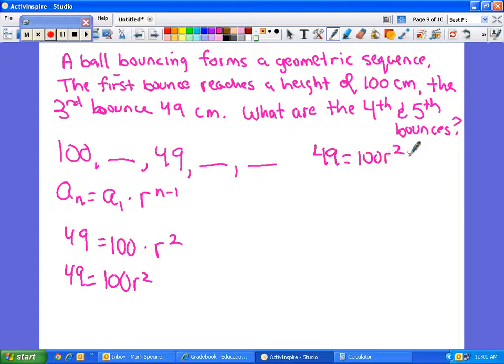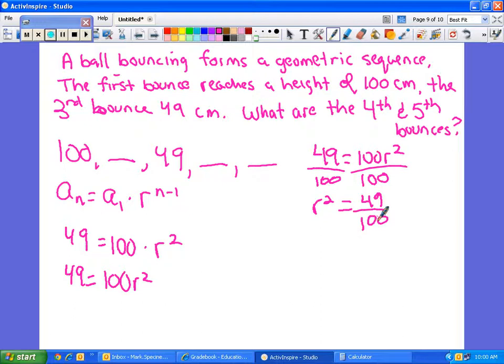So I'm going to now solve for r just as I did before. I'm going to divide both sides by 100. I get that r squared is equal to 49 over 100, but I don't want r squared, I want r, so what do I have to do to both sides? Take the square root.